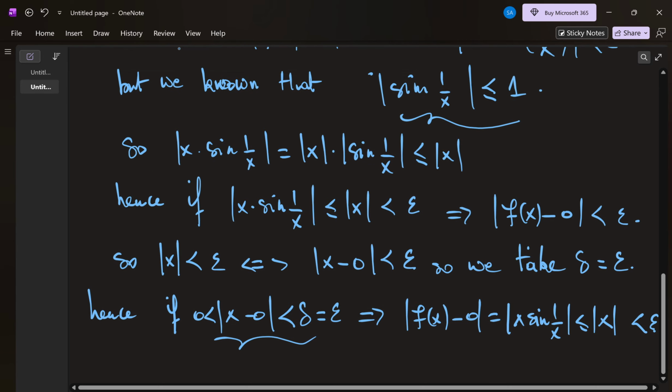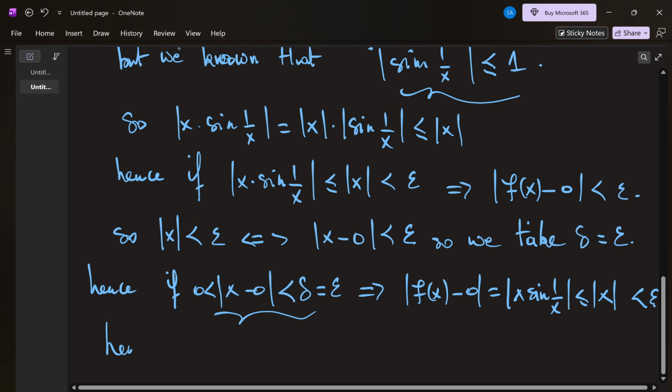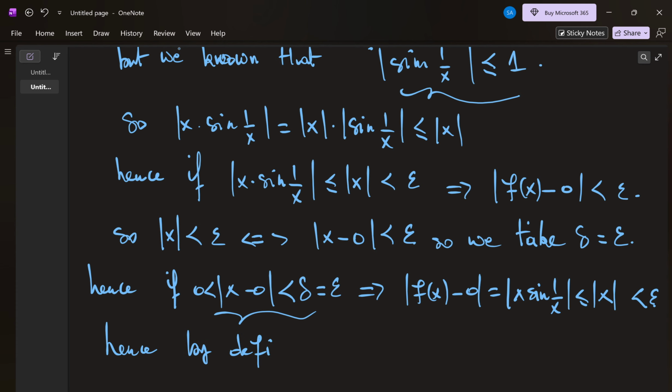Hence, by definition, the limit of f of x is equal to 0 when x goes to 0.